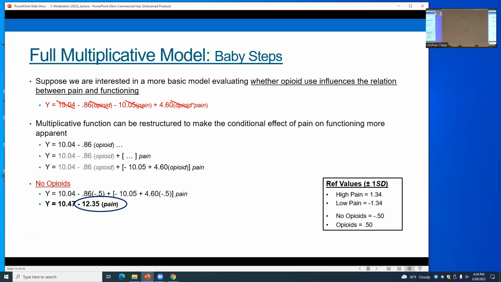Okay. And so this is saying what? Again, this is where I start plugging the words in so that it all falls together. I'm expecting a 12.35 unit decrease in role functioning per every unit increase in pain when I'm talking about people who are not using opiates.